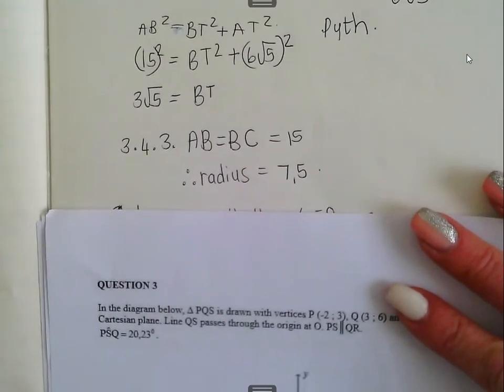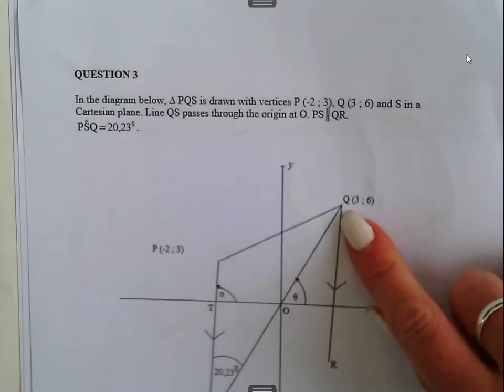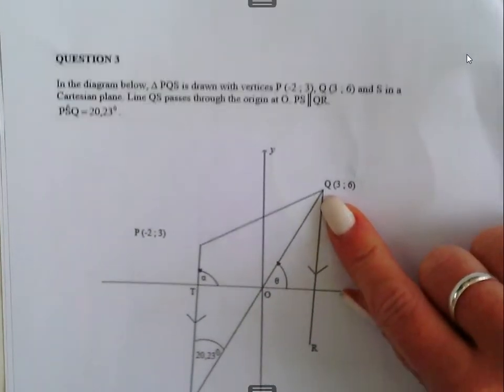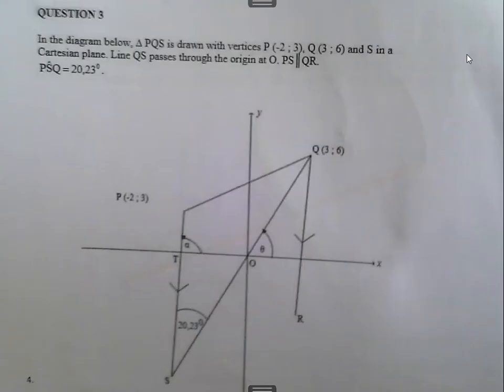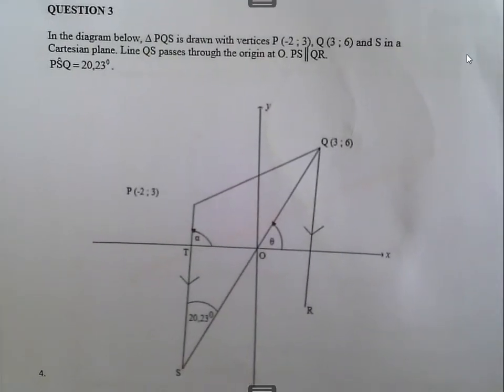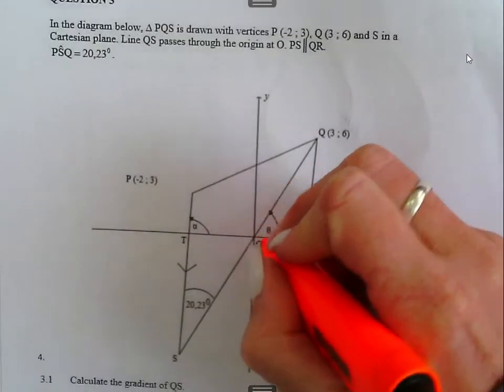Okay, the first one, calculate the gradient of QS. Remember, we spoke about this one yesterday, and this is something about analytical that you must always look out for. And that is the fact that it goes through the origin. The moment that you have a line through the origin, you must remember, you must somewhere draw it in with a highlighter the moment that you see it.